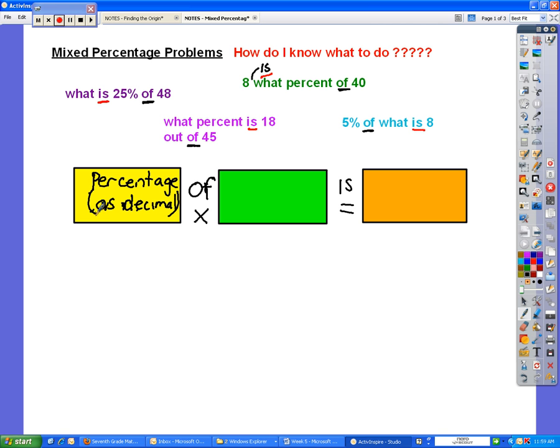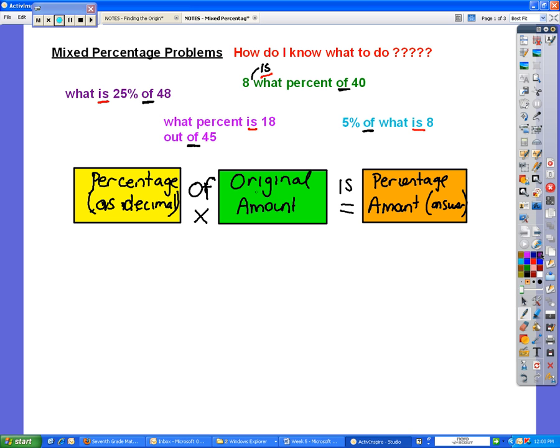This one here is our original amount, what we started with. Of course, we're finding a percentage of an amount. So this amount here is the percentage amount that we get, or the answer, if you want to think of it like that as well.